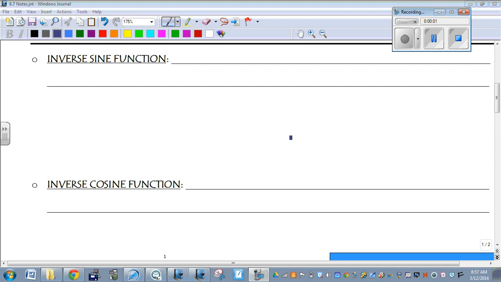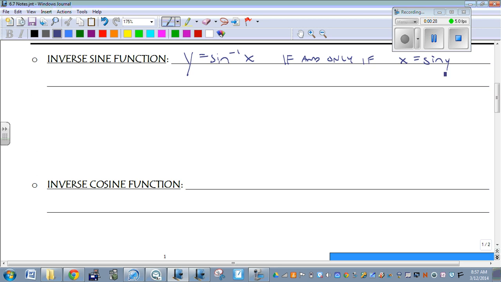Alright, so inverse sine function. Y equals inverse sine. Remember the notation, sine to the negative 1, just like inverse of f, f to the negative 1. So y equals inverse sine of x if and only if x equals the sine of y.